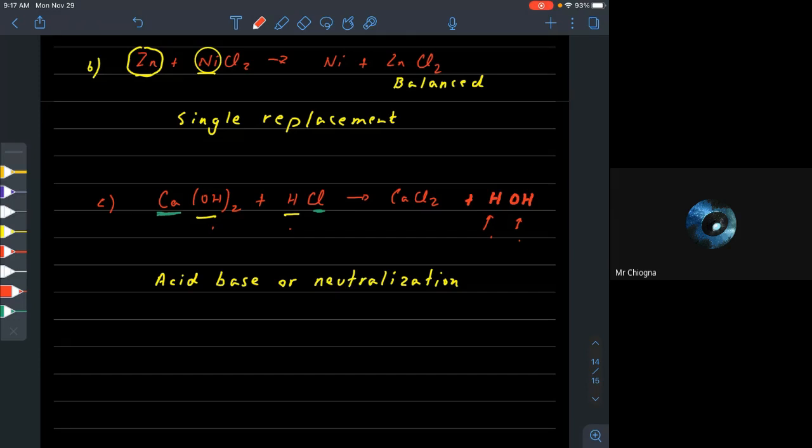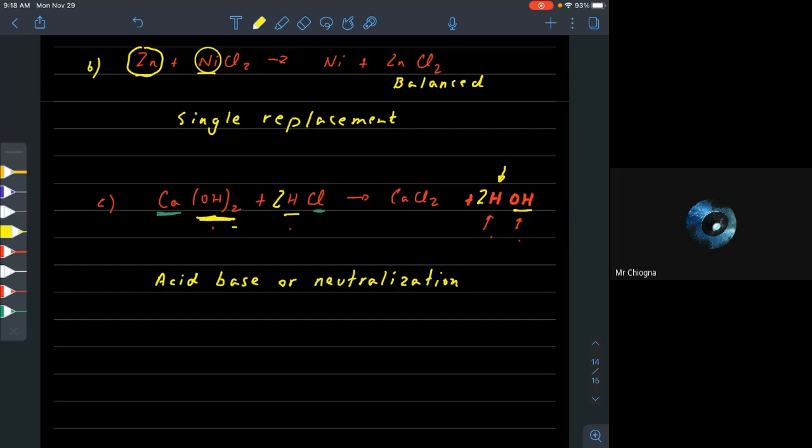I'm trying to balance the hydrogen and hydroxide first. So put a 2 in front to give me 2 hydroxide, to match the 2 hydroxide here, indicated by the subscript. But that changes the number of hydrogen. I now have 2 hydrogen, so I have to put a 2 in front here.